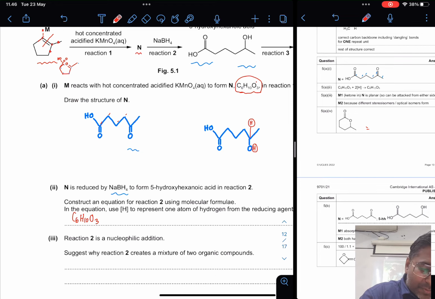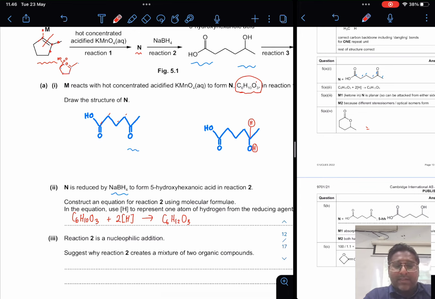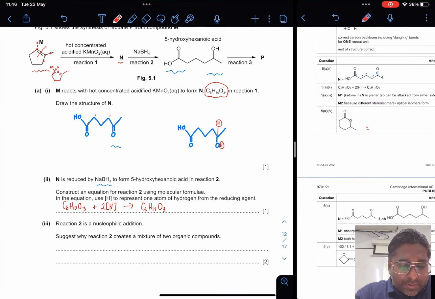So N is going to be reduced, with 2 hydrogen going in, so you have C6H12O3. The 2 hydrogen went in, so we need to put 2 there. Now reaction 2 is a nucleophilic addition, so anything that has this carbonyl group, aldehyde and ketone, they call it a nucleophilic addition reaction.